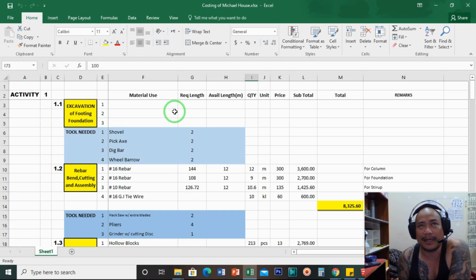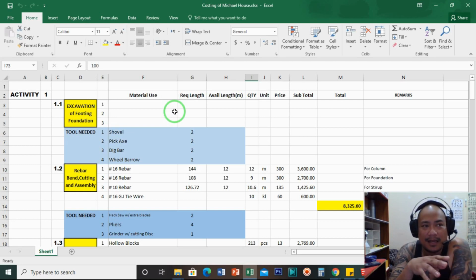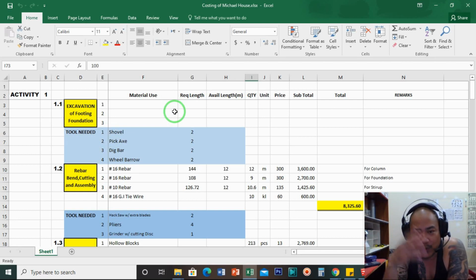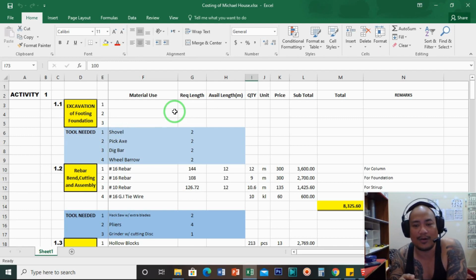Approximately, if we hire labor for this one, it's one foreman and 5 laborers. But I will show you later how we minimize the cost of this one.